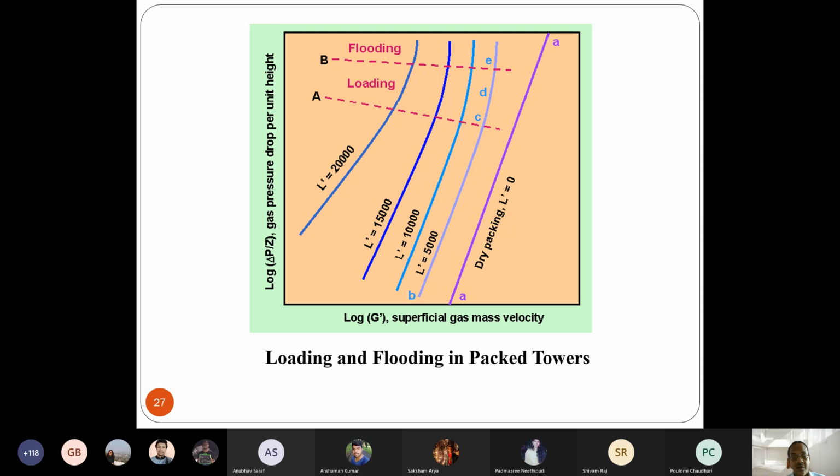So that happens in case of tray tower due to increased gas velocity or gas pressure drop.